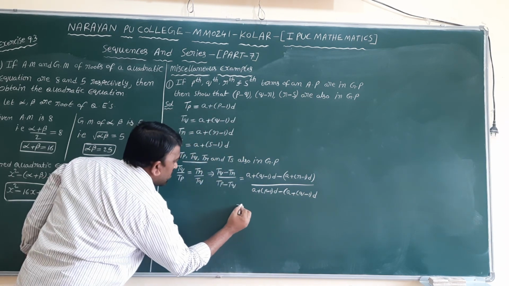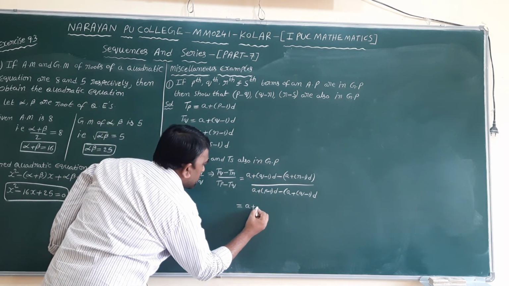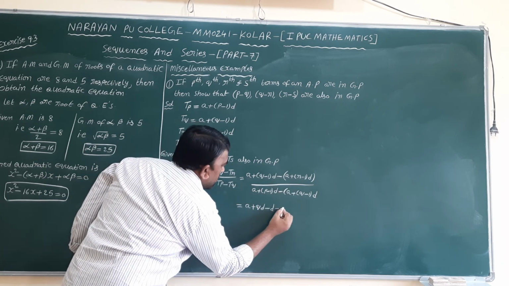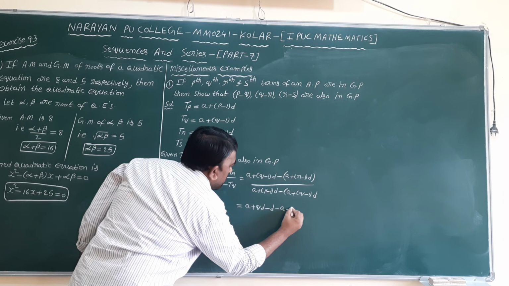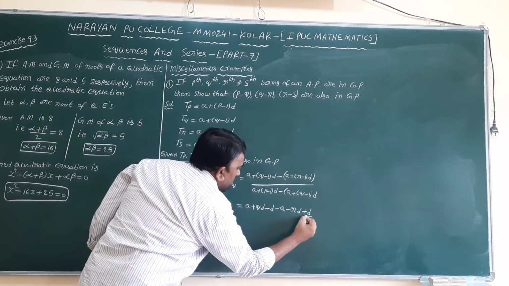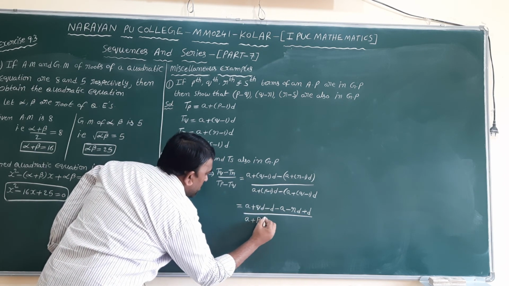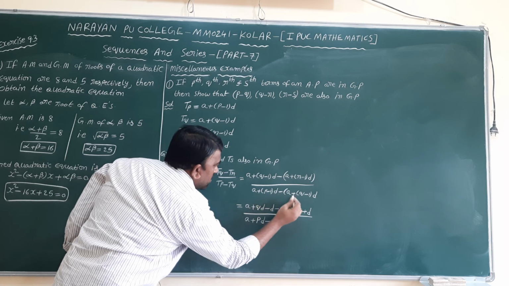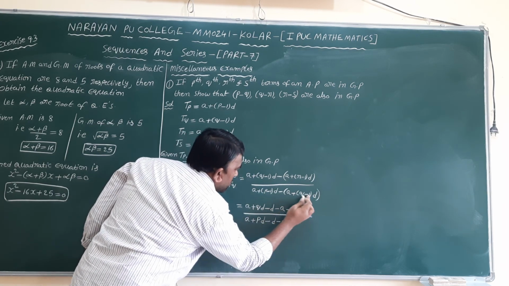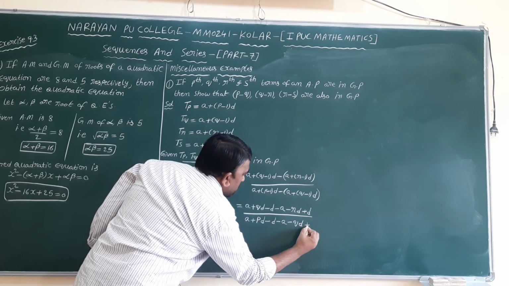Simplify that. a plus qd minus d minus a minus rd plus d, divided by a plus pd minus d minus a minus qd plus d.